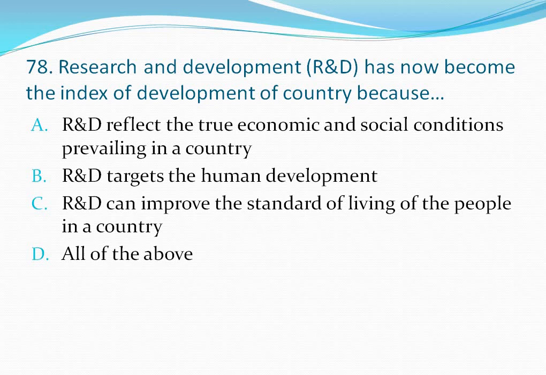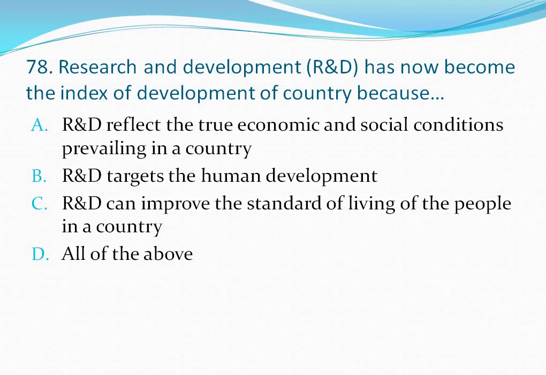Question number 78. Research and development, R&D, has now become the index of development of country because options are option A, R&D reflect the true economic and social conditions prevailing in a country, option B, R&D targets the human development, option C, R&D can improve the standard of living of the people in a country, option D, all of the above.